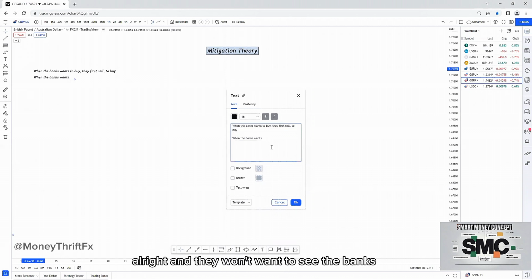And when the banks want to sell, they first buy to sell. So this is how the banks move.